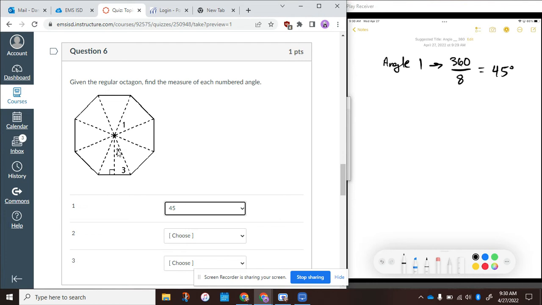So if we're looking for angle number two, all you have to do is take angle one and cut it in half. Angle two is 1/2 times angle one. So that's 45 degrees cut in half, and angle number two is going to be 22.5.